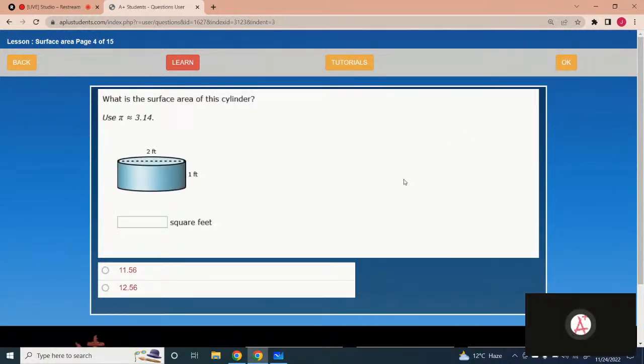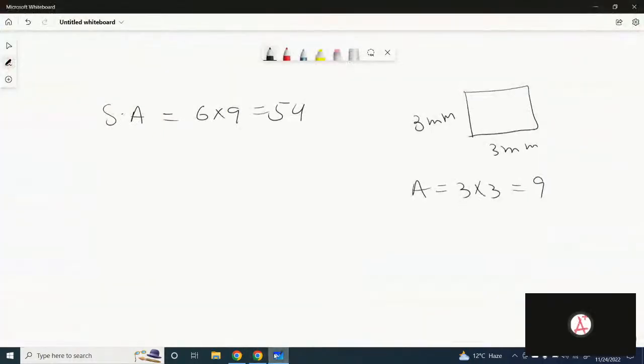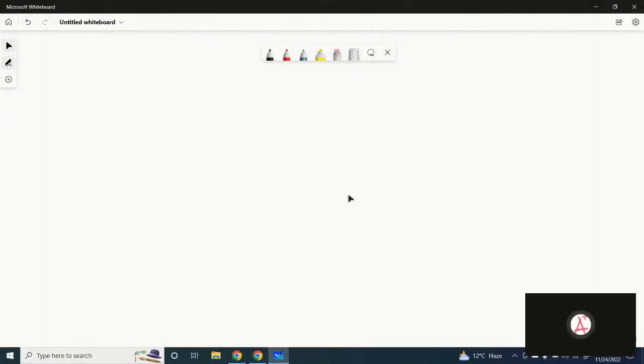Oh, let's do the surface area of the cylinder also. Got it? Because we have done the triangular prism and cube, but we haven't done any with the cylinder. So let's just do one with the cylinder.